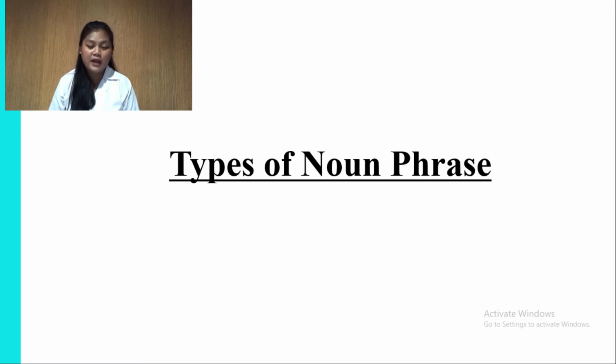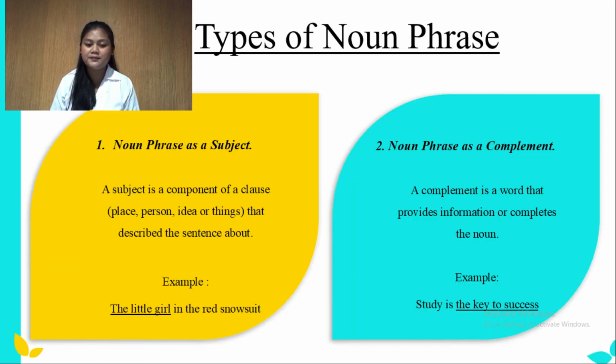There are types of noun phrase. As you can see, there are 4 types of noun phrase, namely noun phrase as a subject, noun phrase as a complement, noun phrase as a direct object, and noun phrase as an indirect object. So the first is noun phrase as a subject.